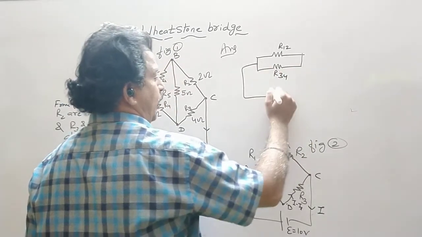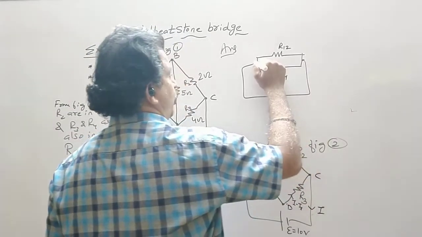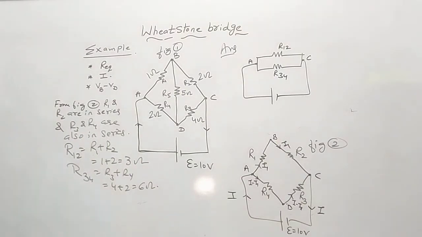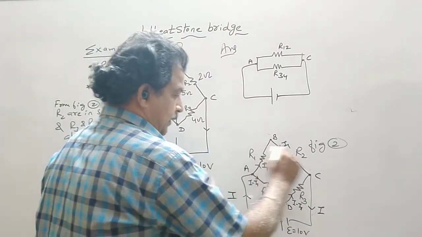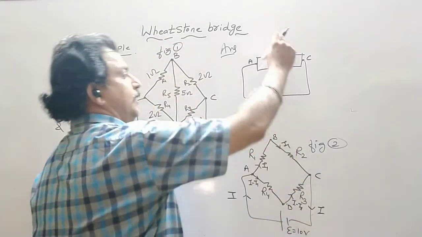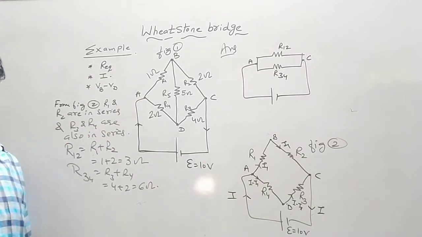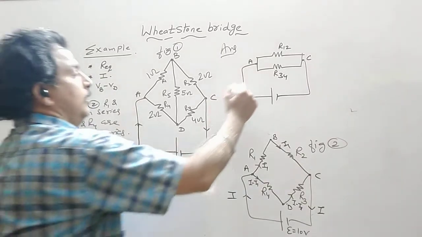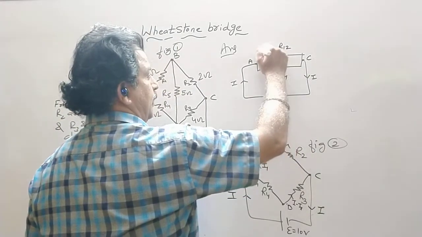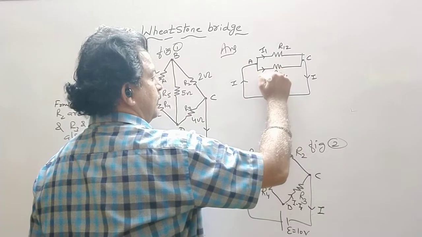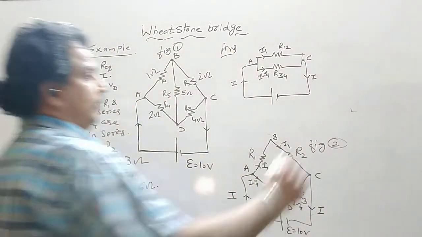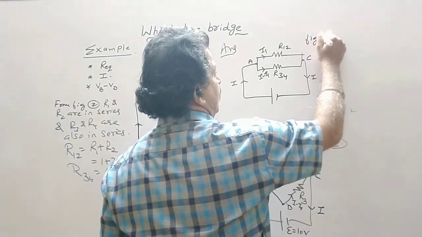Now this is my point A, this is point C. So clearly this is the AC arm, and B and D are gone now. Now it is a parallel combination. So current I, here the current is I1, here the current is I minus I1. This is figure 3.